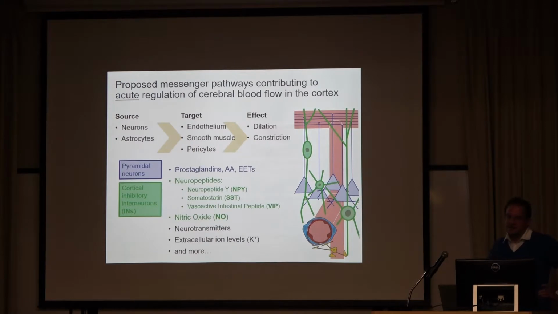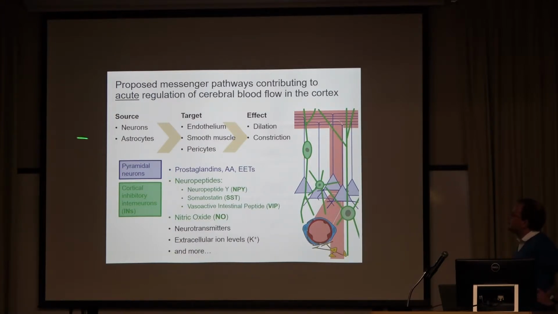In recent years, there were many studies which proposed that neurons and maybe astrocytes release messengers which target cells of the vasculature and cause dilation or constriction on relatively fast temporal scales.